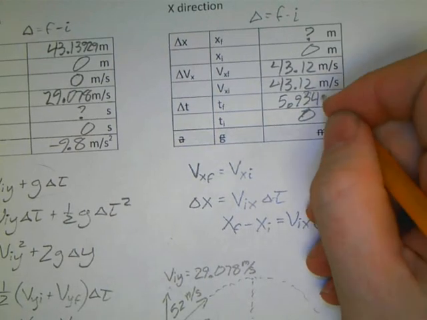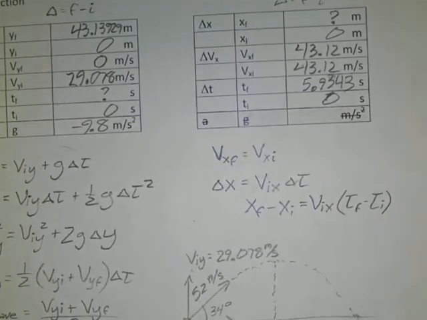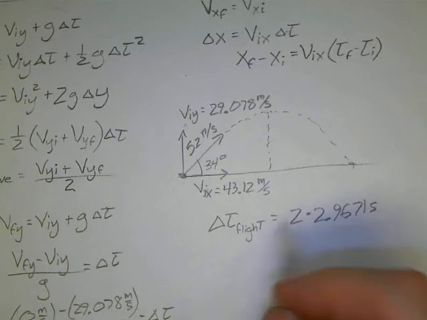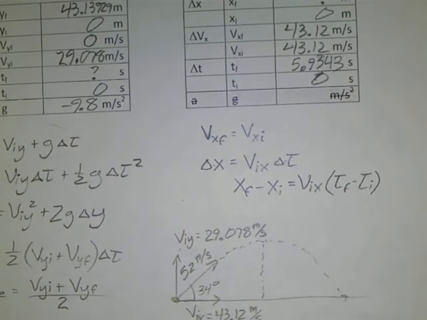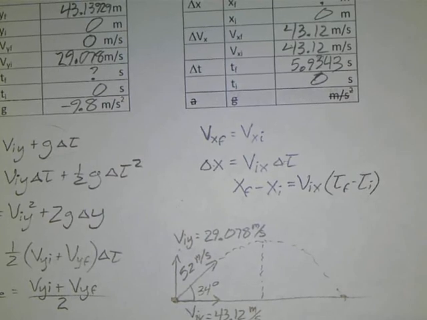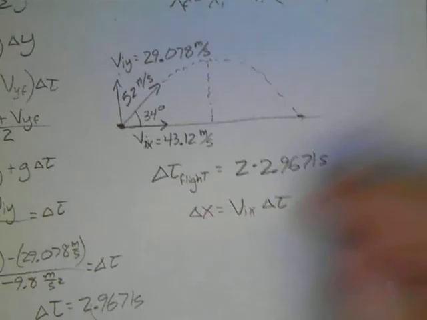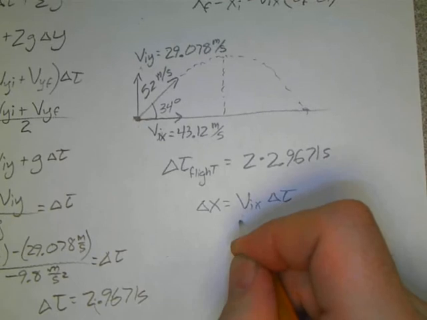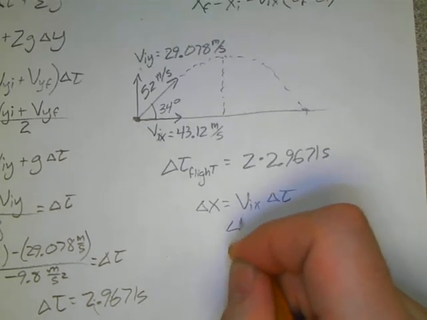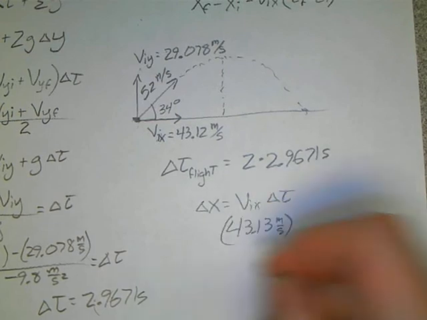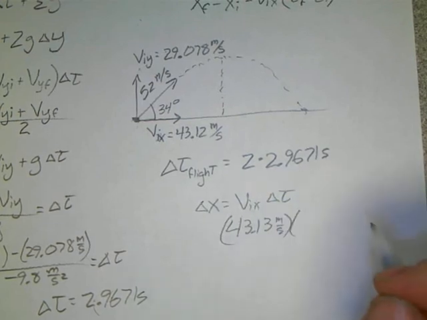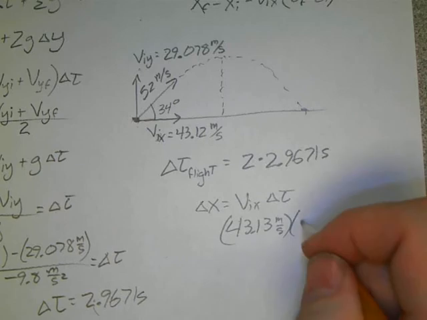And then the equation I'm going to use to get distance is delta x is equal to v_ix times t, using the initial velocity of 43.12 and the time of 5.9343 seconds.